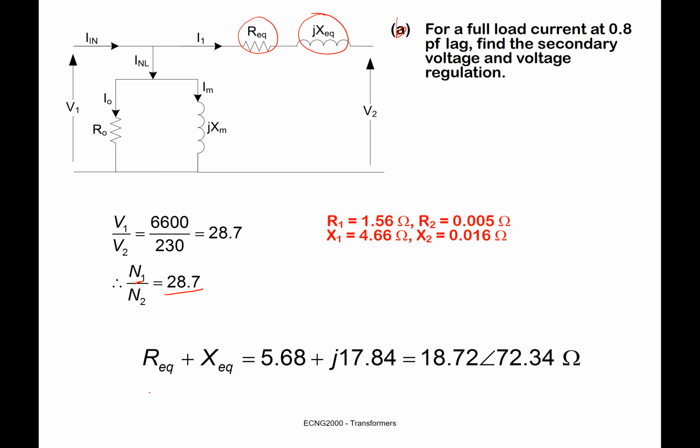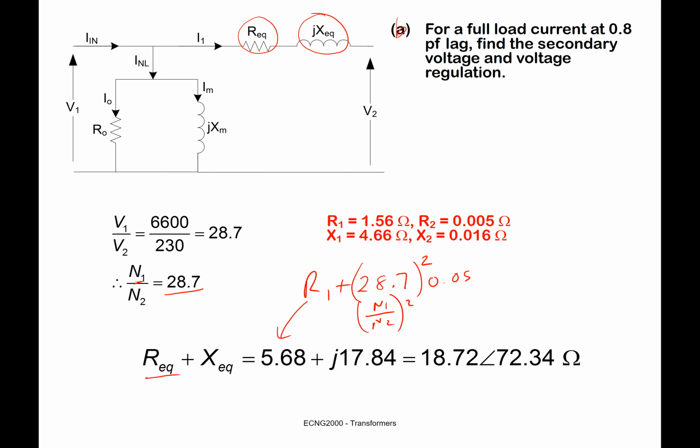So if I take the parameters, I get R equivalent, which is R1 plus 28.7 squared. Remember, this is N1 on N2 squared by R2, 0.005. I should get 5.68.